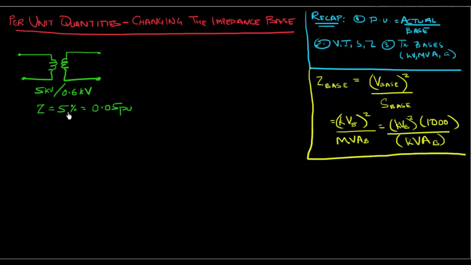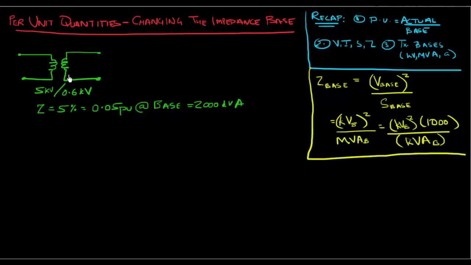So let's say he's given you this, but the question you need to ask him is, what base are you defining this on? Generally, the transformer manufacturer will tell you a certain base. So they'll say, okay, this 5% or 0.05 per unit is at a base value of, let's say, 2000 kVA. So you're given 5% at 2000 kVA.